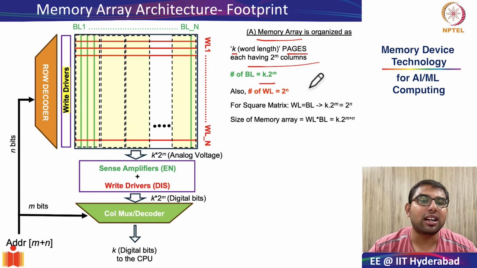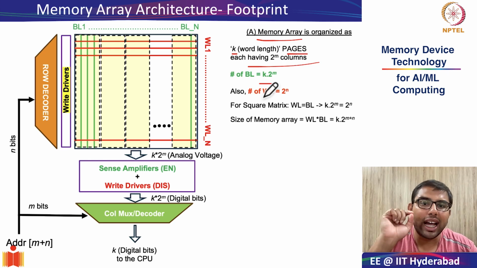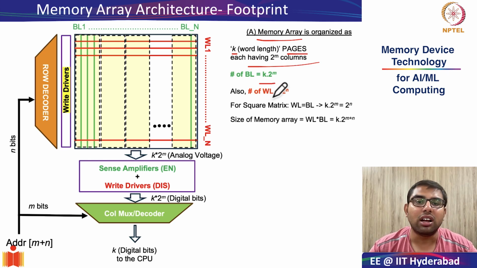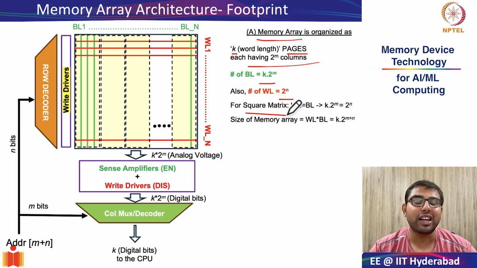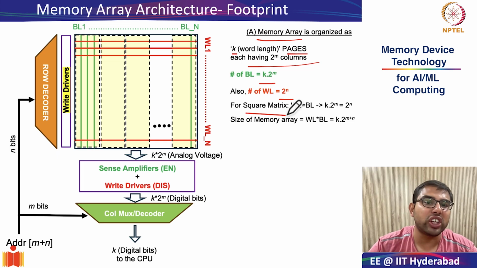Also, we saw that the number of word lines, which is the select or enable signal to an individual memory cell, is 2 to the power of N. For a constraint of square matrix array, we studied why a square matrix is very valuable. It is to improve on latency and reduce RC delays.